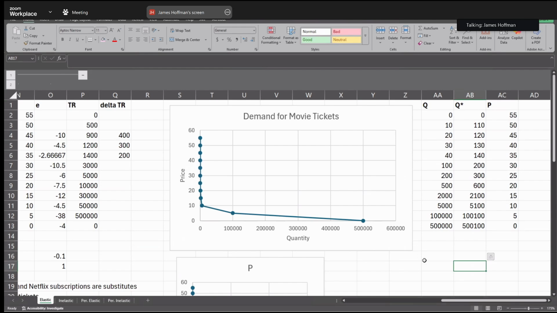Maybe I should. So Q star equals the new or increased demand for movie tickets after the price of Netflix increases.